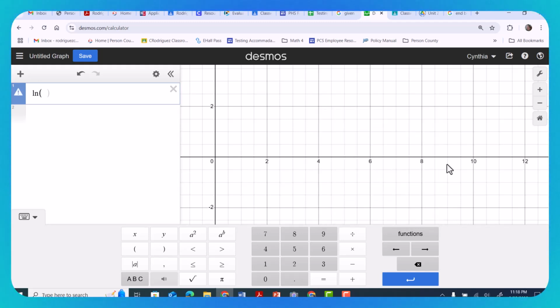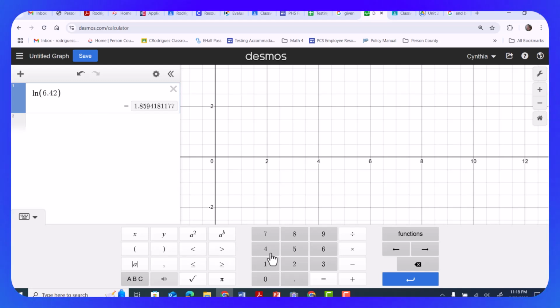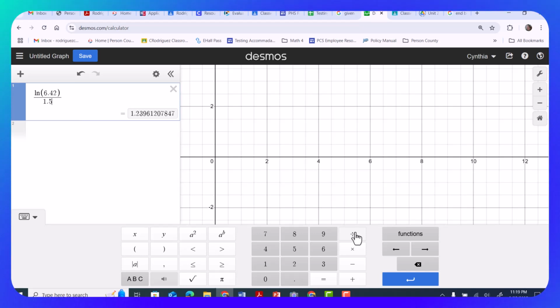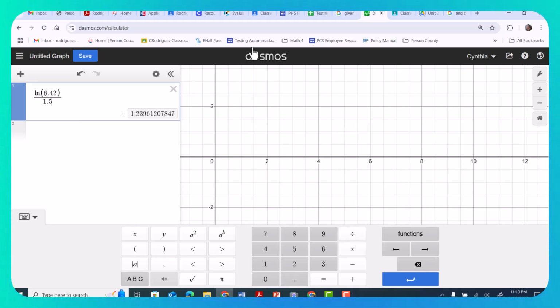So ln of 6.42, divided by 1.5. Right, and so I'm going to round that off to approximately 1.239, but that 6 brings that 9 up and turns that into a 0, turns that 3 into a 4. So 1.24, round that off.